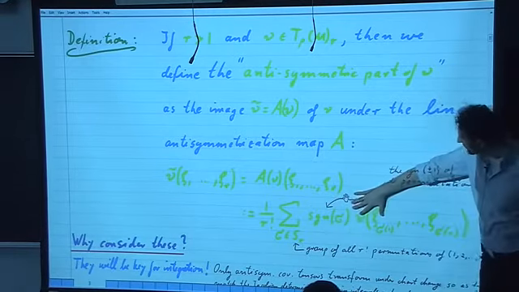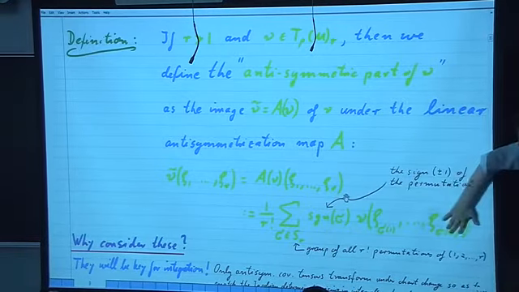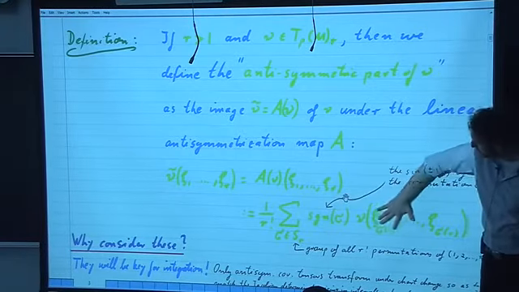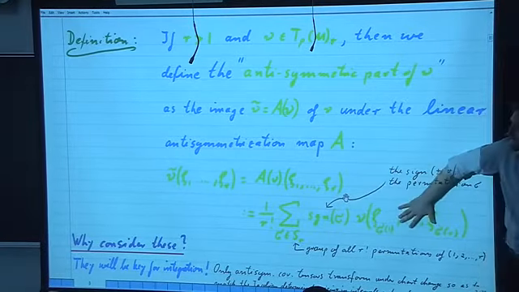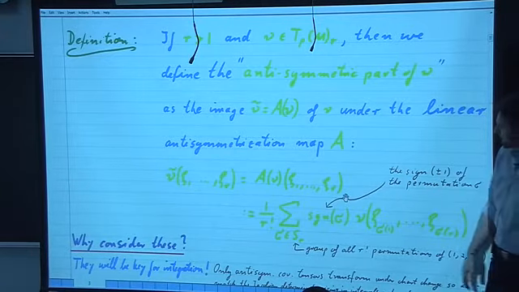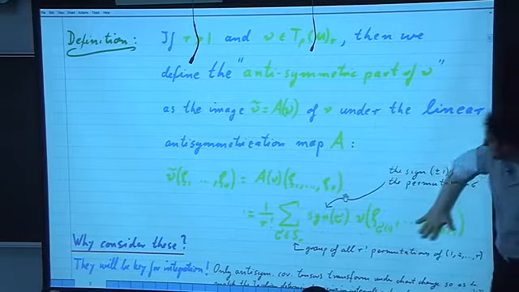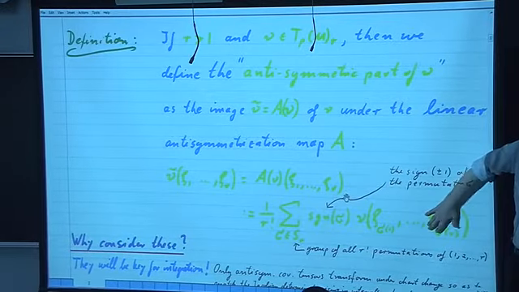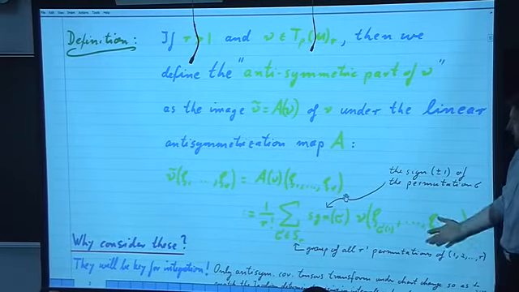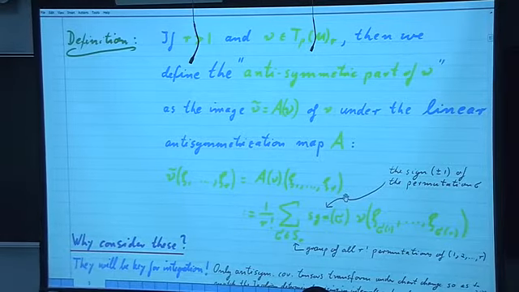So we add or subtract those terms depending on whether the permutation of the arguments is an even or an odd permutation. This will ensure that the entire sum here is completely antisymmetric. If you interchange any two arguments, then you get an overall minus sign.